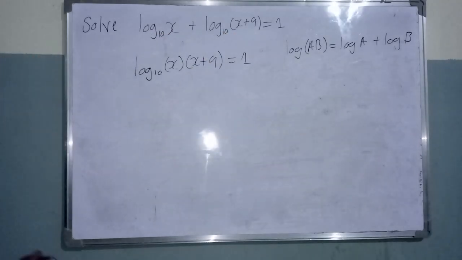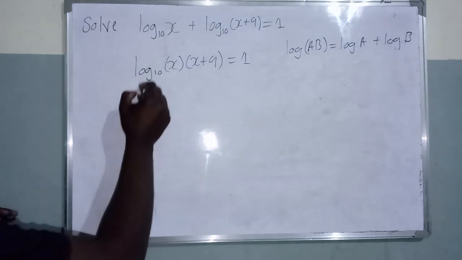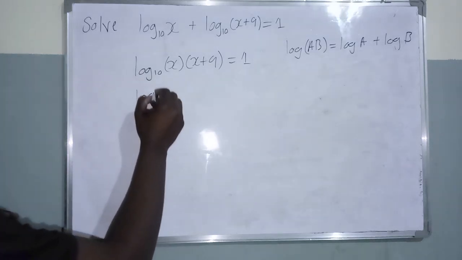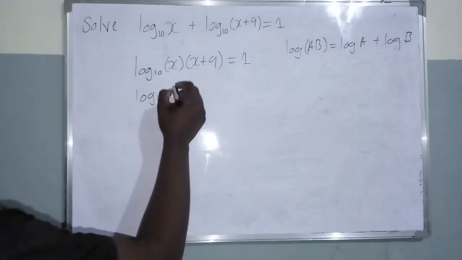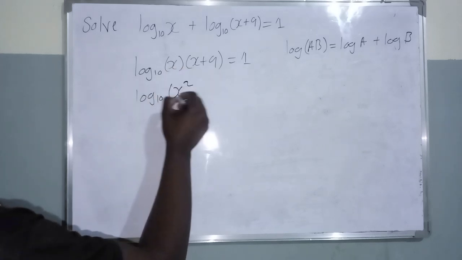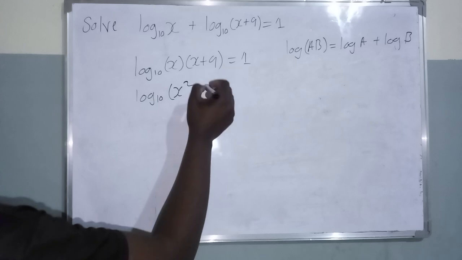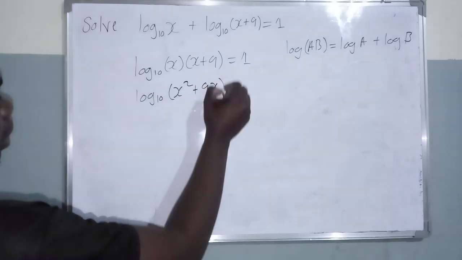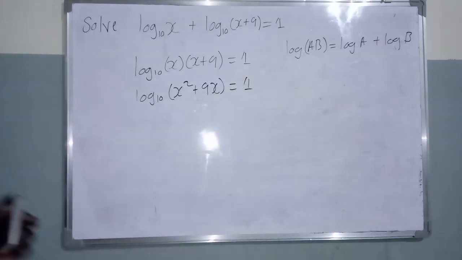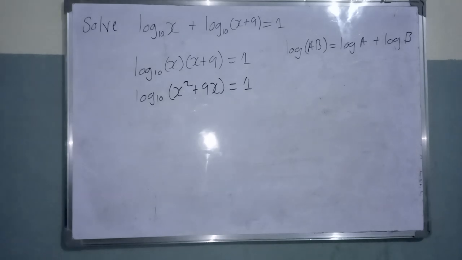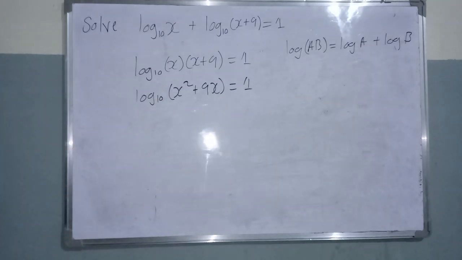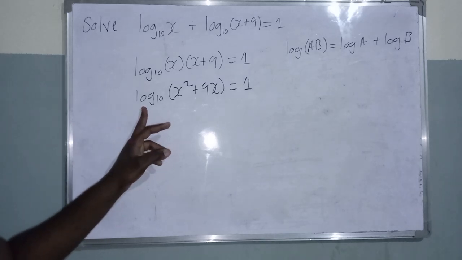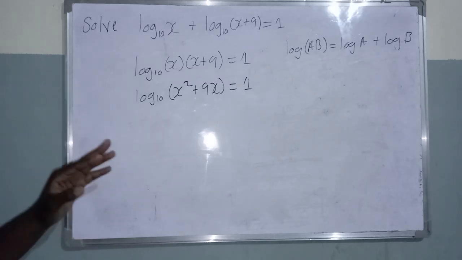Then after you do this, you now say log x times x, that is x squared, then plus x times 9, that is 9x, then equal to 1. So after you simplify it to this point, then you're now supposed to change this from logarithmic form to exponential form.